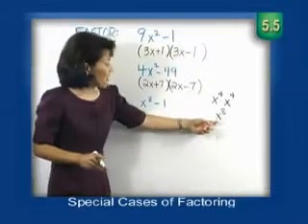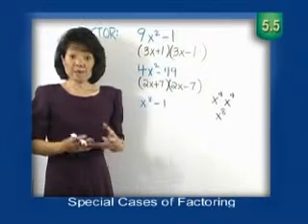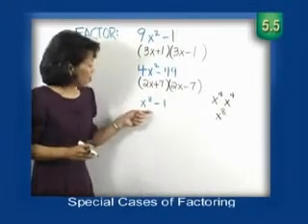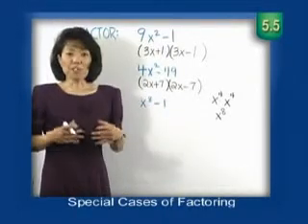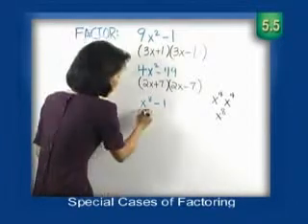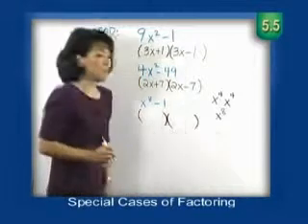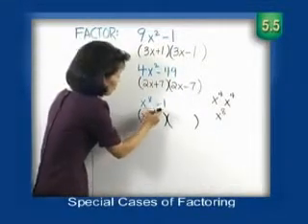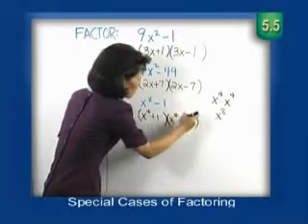So in fact, x to the 8th is a perfect square. It's x to the 4th times x to the 4th. So again, 2 terms, perfect square, minus sign. We have the special case of factoring the difference of 2 perfect squares. So this job is easy. Put in the parentheses. This factors into x to the 4th plus 1 and x to the 4th minus 1.